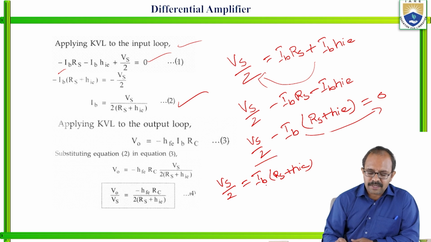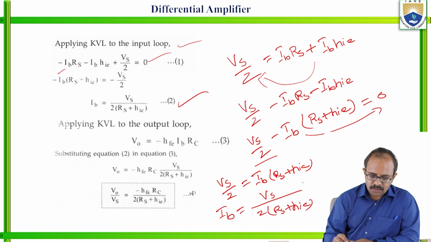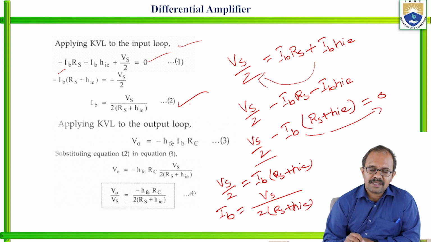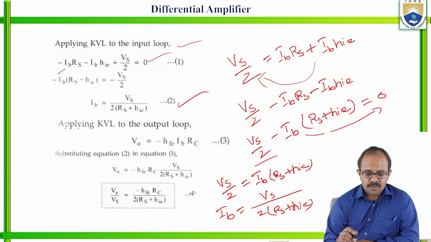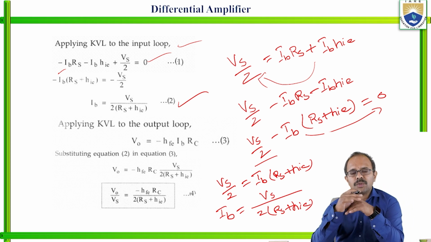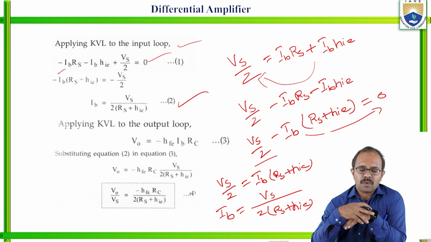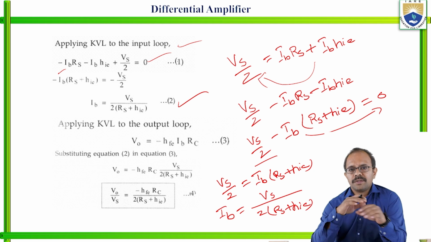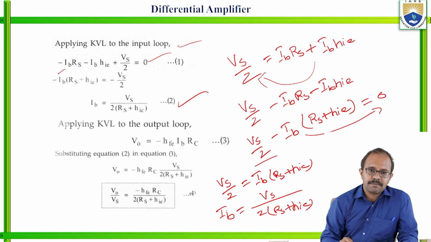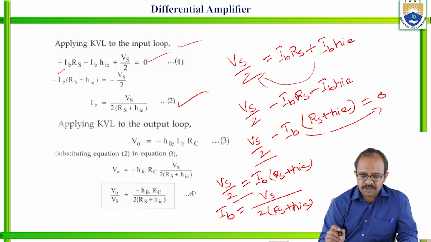IB is equal to Vs by 2 into RS plus HIE. So this can be treated as another equation here. Do remember, by applying KVL to the input section, we determine the expression for input current IB.